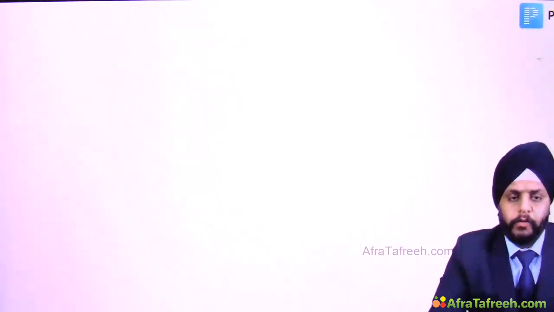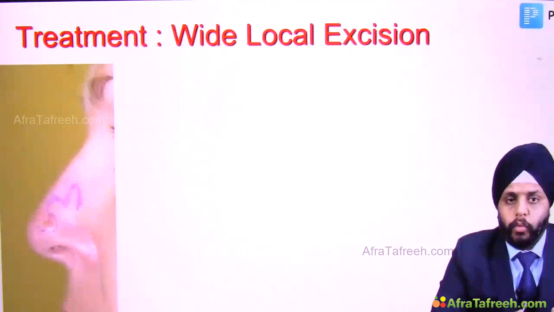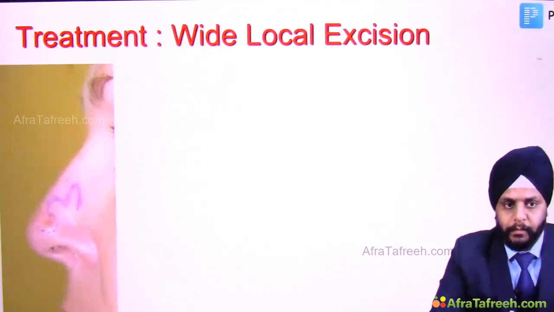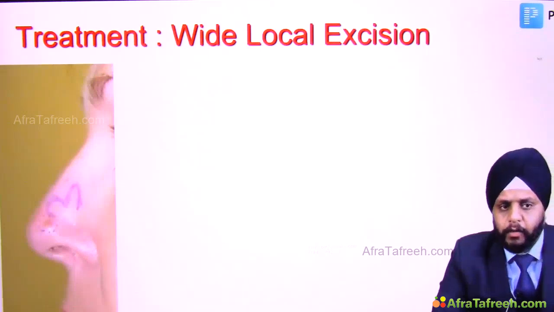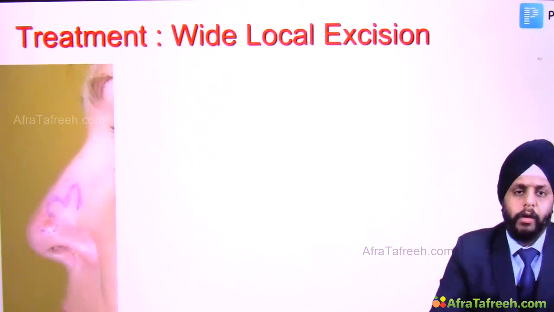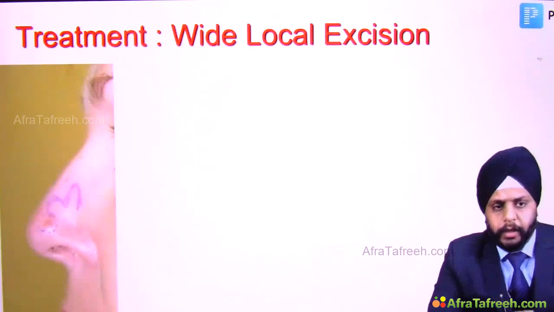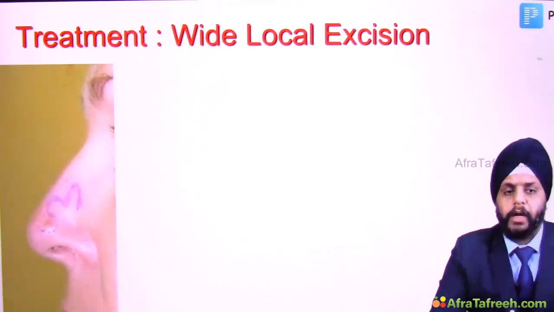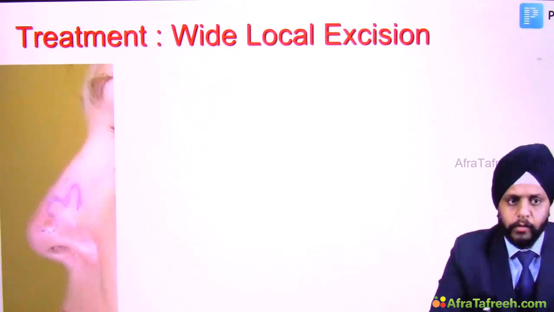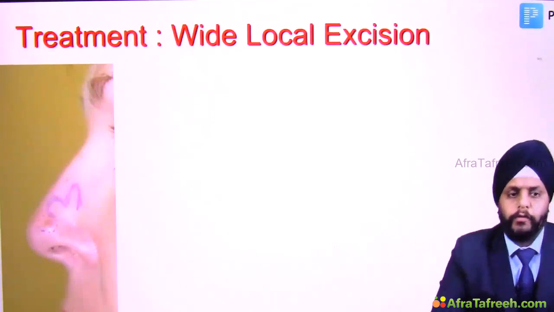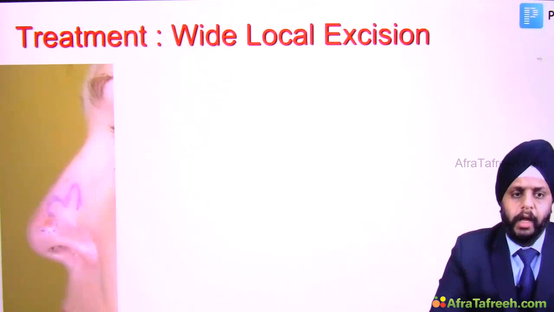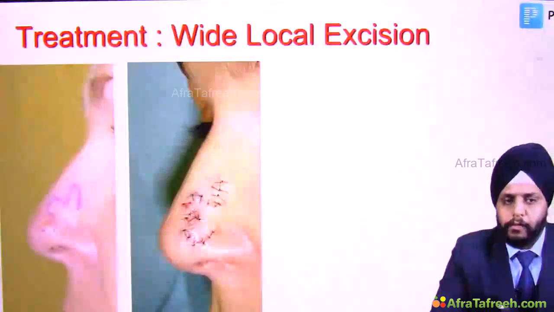So the treatment of choice for this disease is wide local excision. So that means you take a margin of around 2 to 3 centimeters or as much as possible. In case of the nose, a 2 to 3 centimeter margin of course is not possible. So we'll take normal healthy tissue around it and we'll excise this tumor.